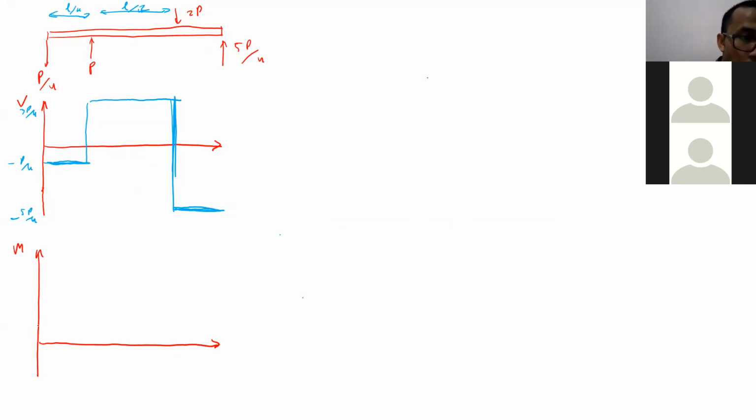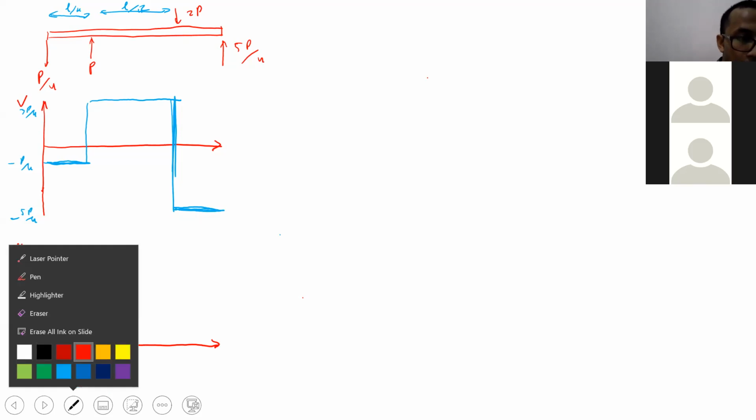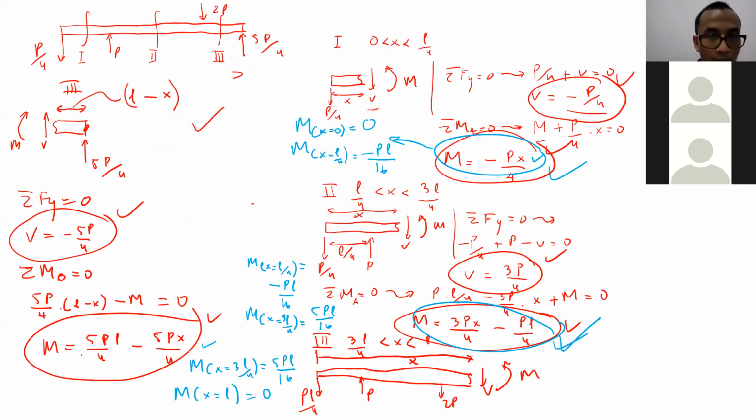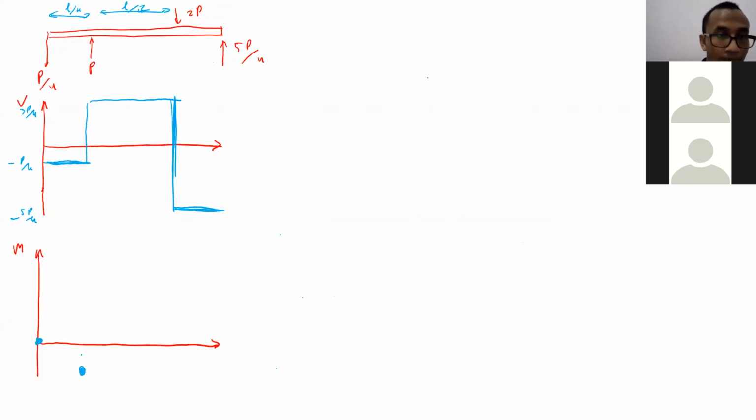So from the beginning, it's supposed to be 0. Then after that, it's supposed to go to minus PL over 16. Then after that, it's supposed to go to 5PL over 16. Then after that, it's supposed to go to 0. So roughly, this is the graph that you will have.